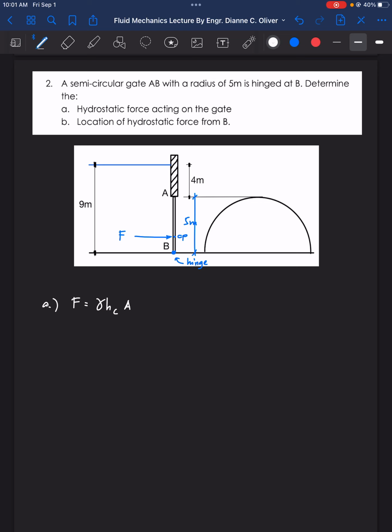Now the question here is, what is HC? So we know that HC is located from the center of gravity up to the surface of the liquid, right? So where is the center of gravity for a semicircle? It's located here. So this is the center of gravity, or the centroid.